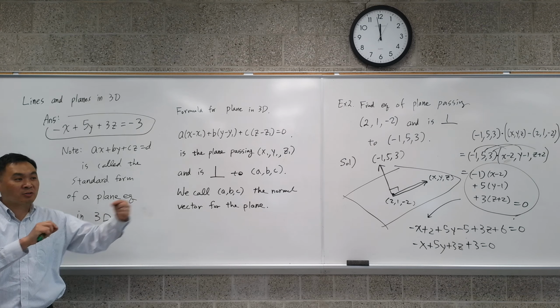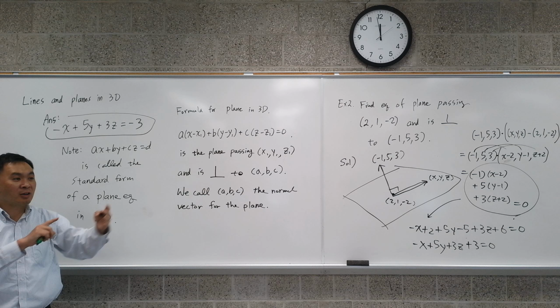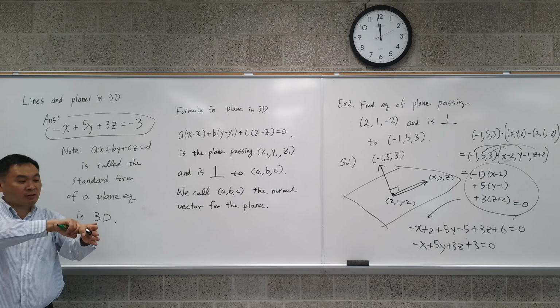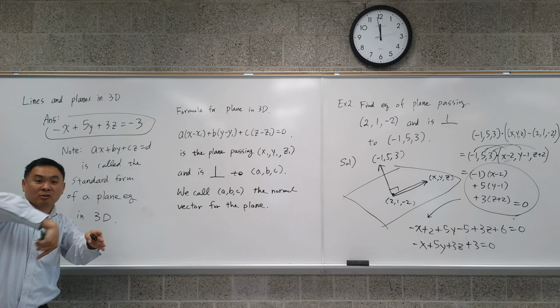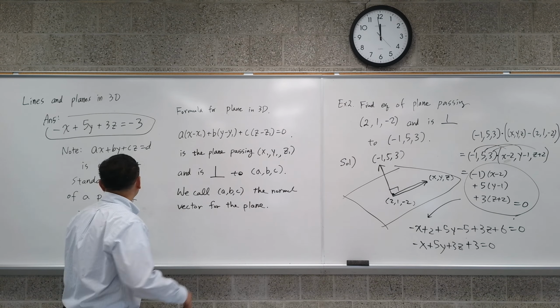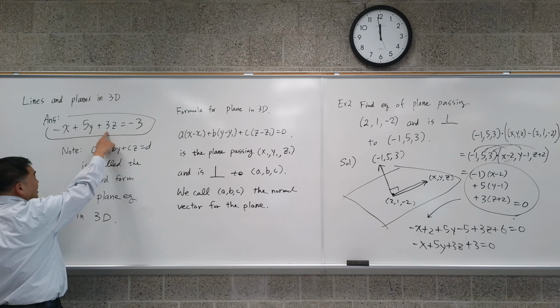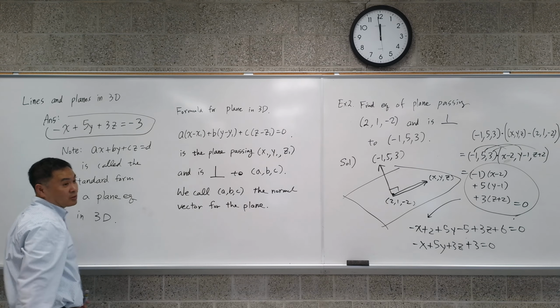Normal vectors can have many different lengths, and there can be a normal vector in one direction and also a normal vector in the other direction. So there isn't a single normal vector, but I'll just write it that way. And so whenever you see these coefficients, negative 1, 5, and 3, that's the normal vector for this plane.